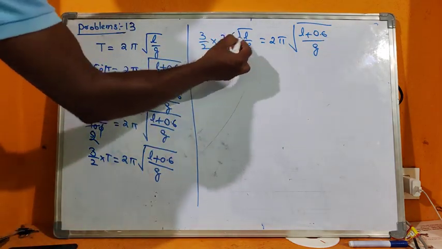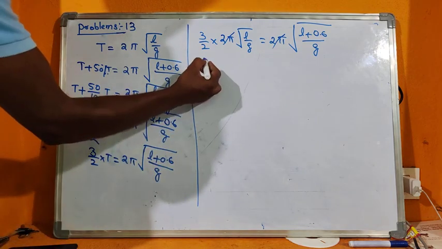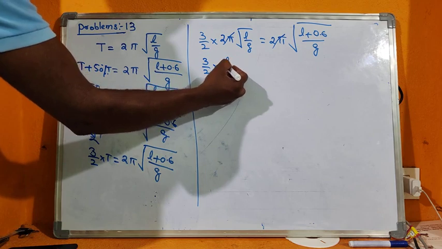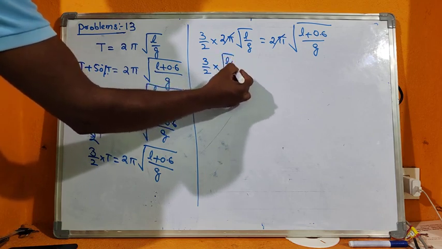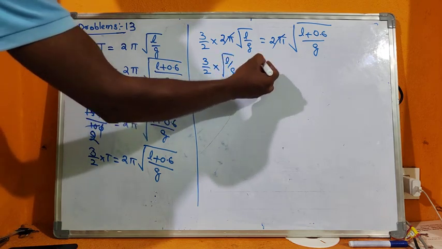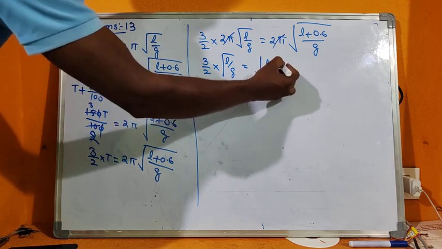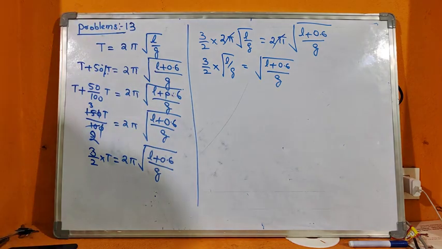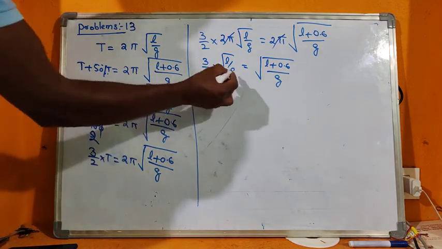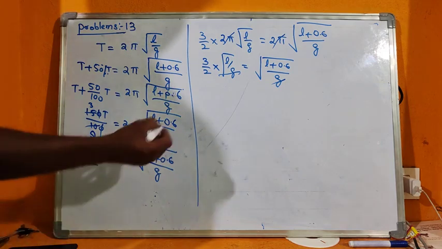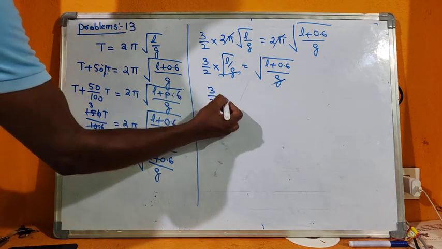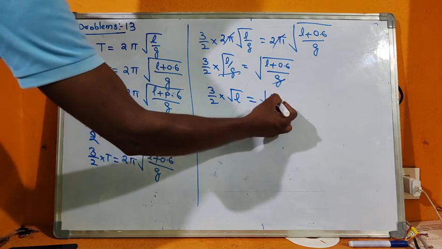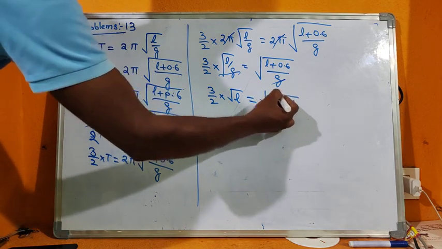So 2 pi is cancelled, and we get 3 by 2 into the root of L by g is equal to the root of L plus 0.6 by g. On both sides we have root g, and it is cancelled, so 3 by 2 into root L is equal to the root of L plus 0.6.